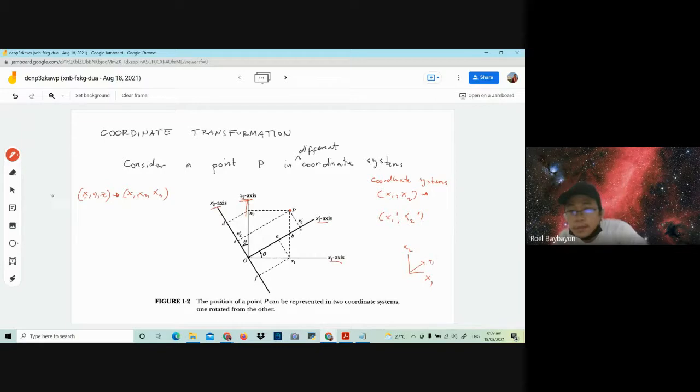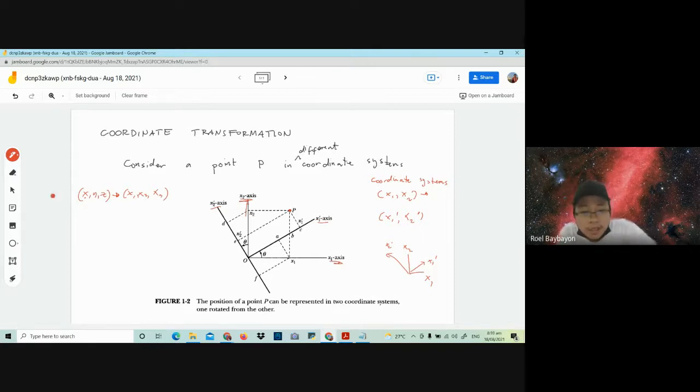This one is my x1, x2, and then the other coordinate system is x1 prime, x2 prime. So all that was done here is that you just rotate. This is my first coordinate system. The other coordinate system is just rotated from the x1 axis by some angle theta.